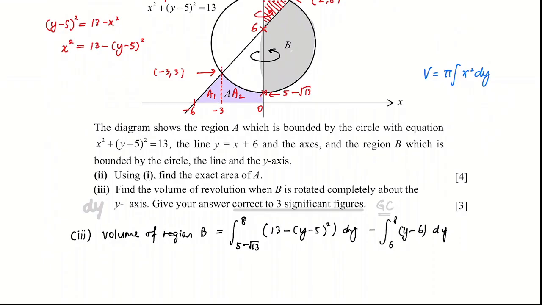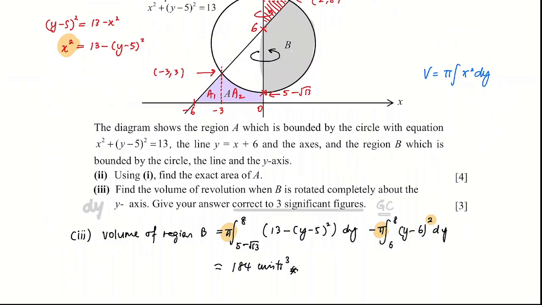Pi x squared dy. Remember, don't forget your square. Be very careful: don't forget the pi, don't forget the square. This one indeed is already x squared. Because our final answer is 3 s.f., just pump this into the GC, and it will roughly give you about 184 units cube.